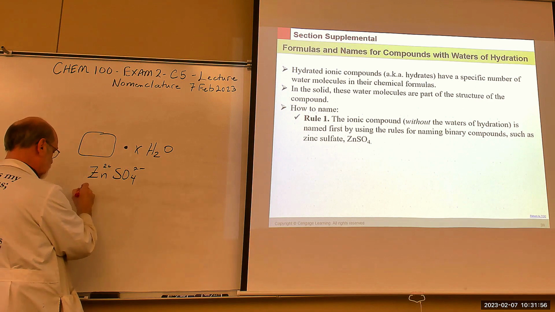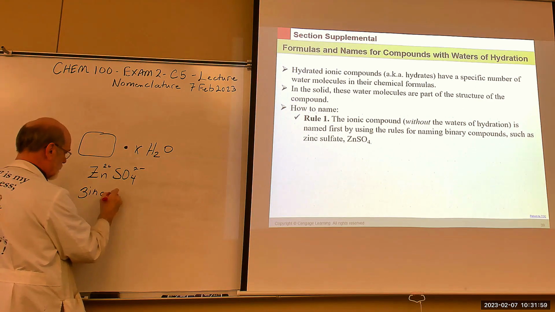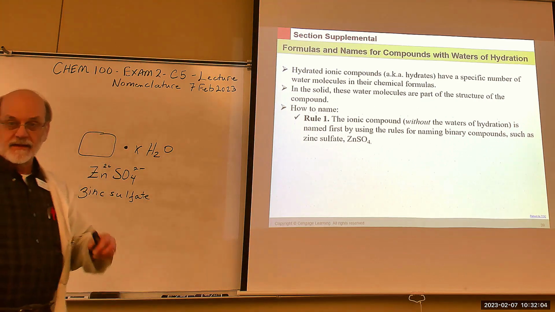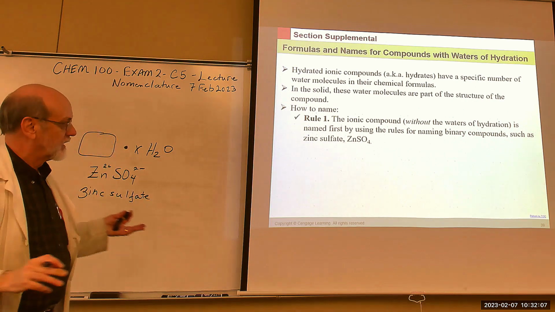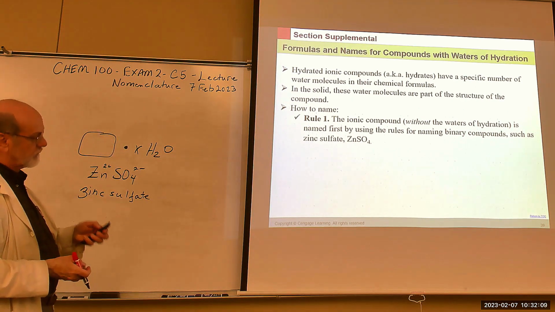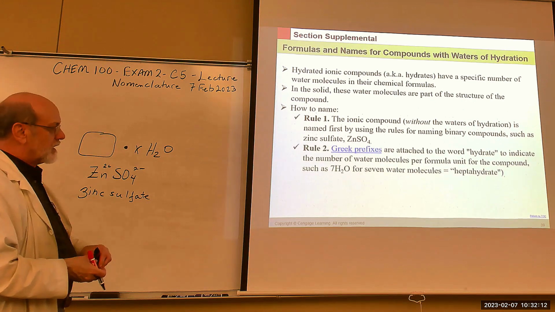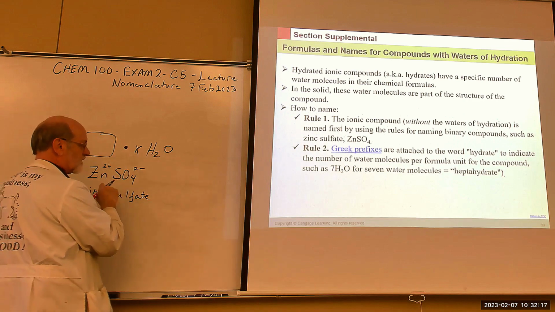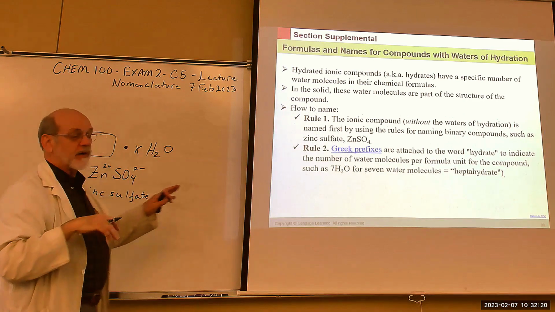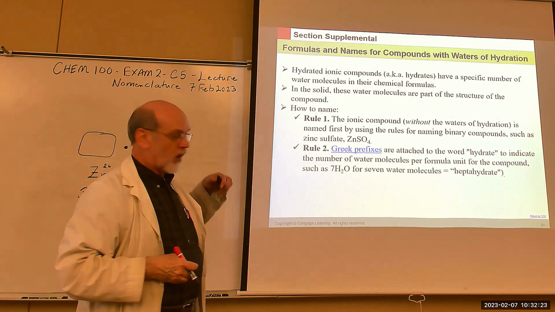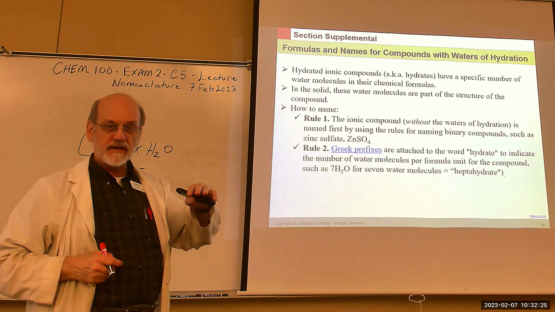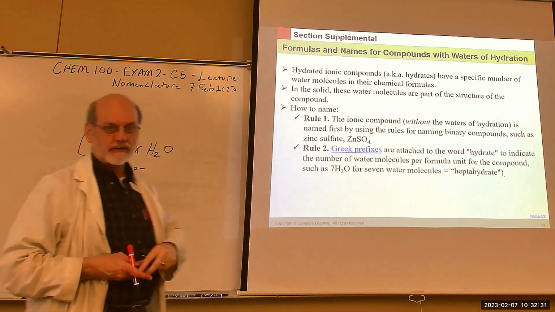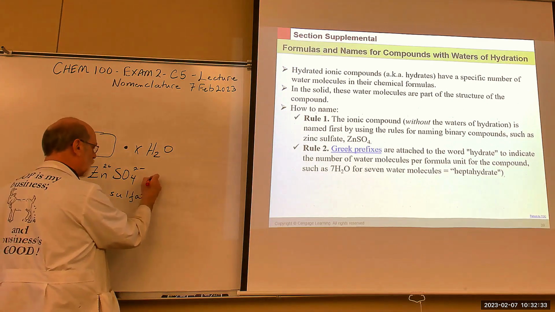And we would name it zinc sulfate. Okay. That's the name for that formula. But sometimes compounds have waters attached to them, and these can vary also, right? Waters of hydration can be a certain amount, and then that same compound could have more, and they're considered a different compound. So in this case, we've got 7 waters.